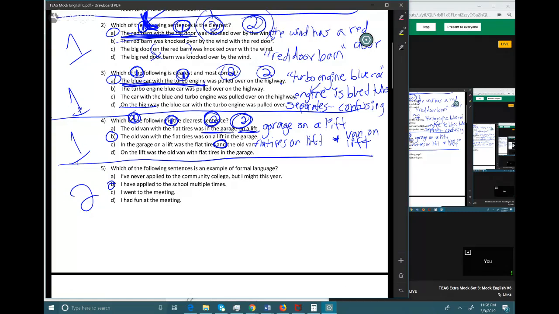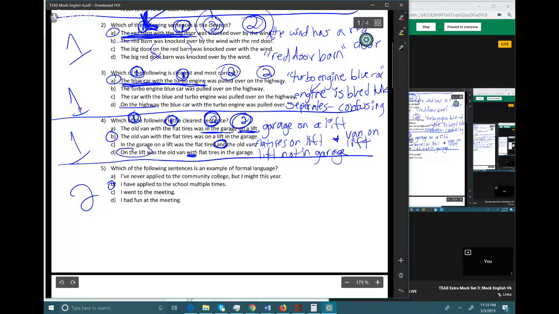D, what I wrote was lift, not in garage. I'm experiencing this with you because I don't remember why I made these comments. These were my initial comments. On the lift was the old van. So that's okay. With the flat tires in the garage. So the with here and the mixing of 1 with a 2 and a 2 with a 1 causes us to not be able to tell that the lift is in the garage.